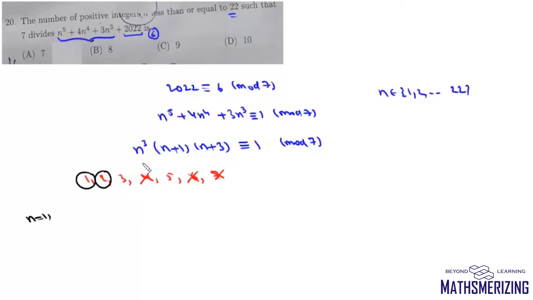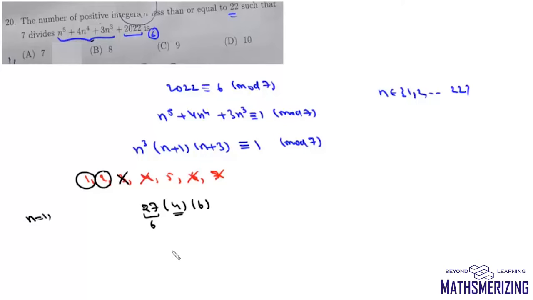Now if we take n as 3, we'll get this as 27, and this is 4, and this is 6. Now 27 is 6 modulo 7. Now this is 36. 36 is 1 modulo 7, and 1 into 4 is 4. So this is congruent to 4 modulo 7. So it is not 1. So we'll not consider 3.